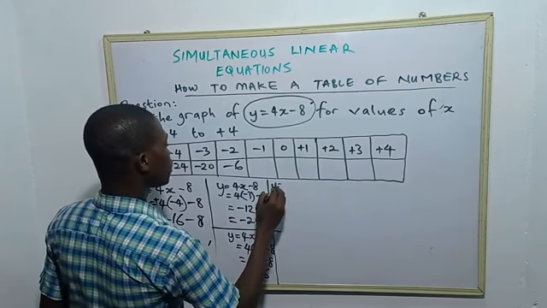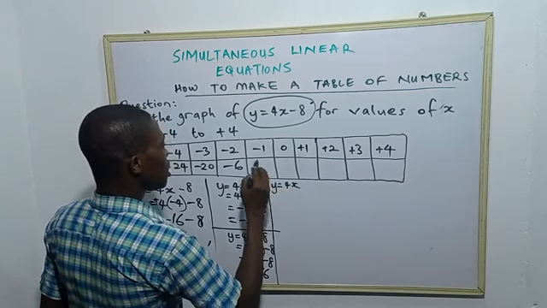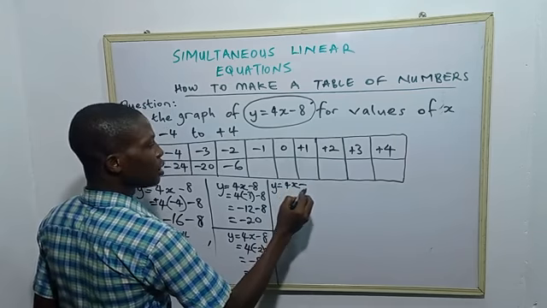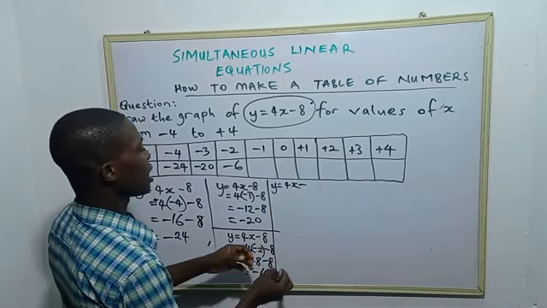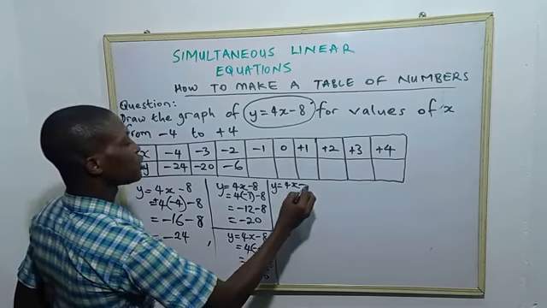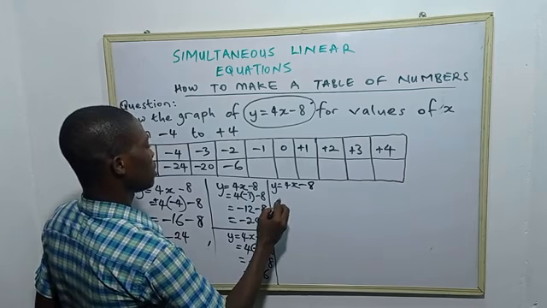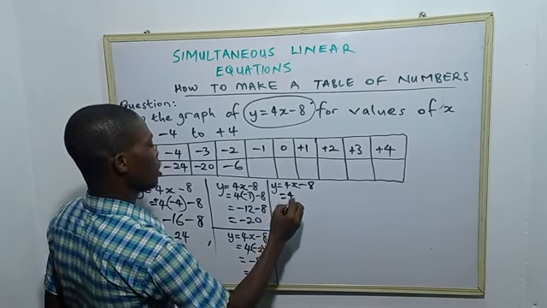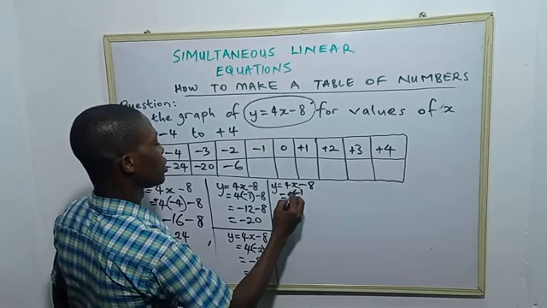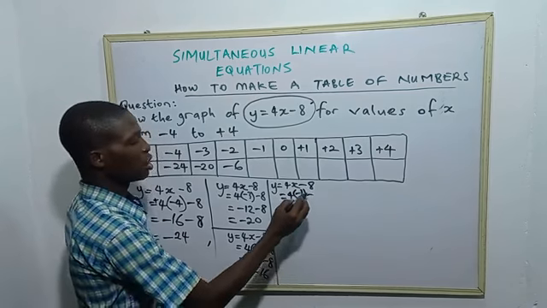y equals 4x minus 8. 4 into minus 1 minus 8.